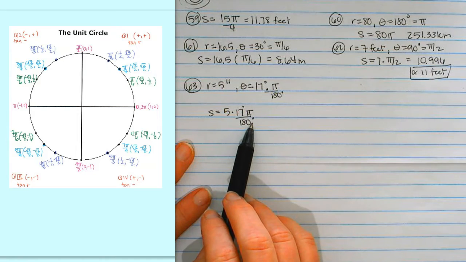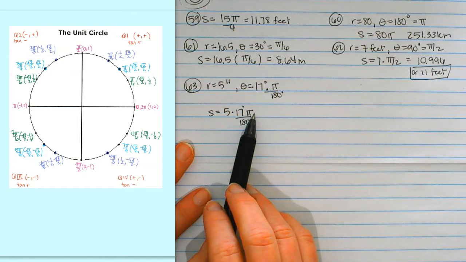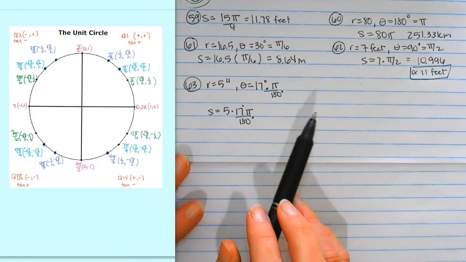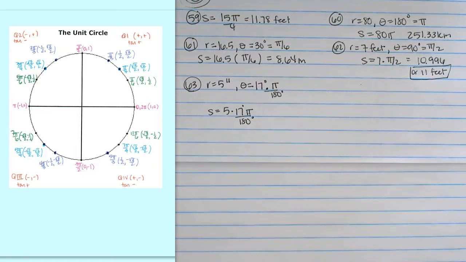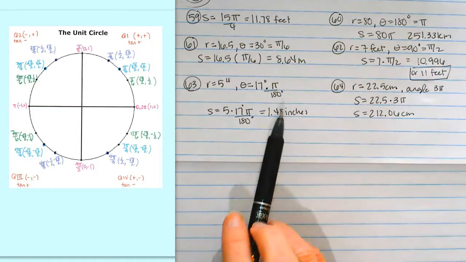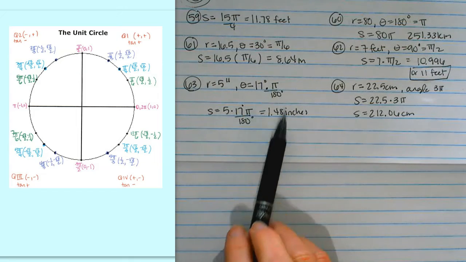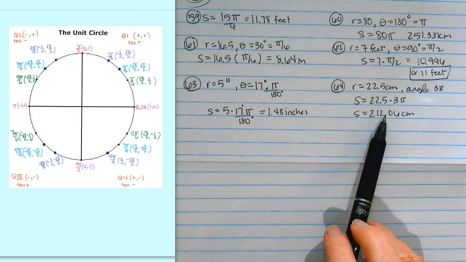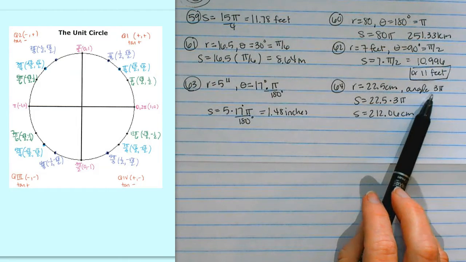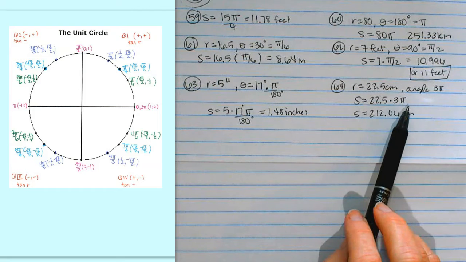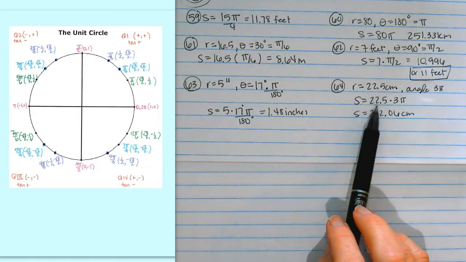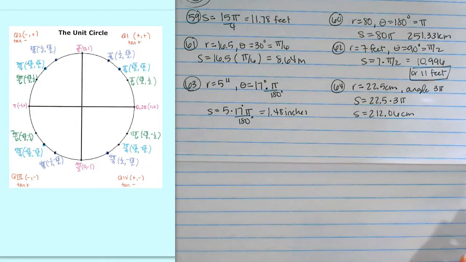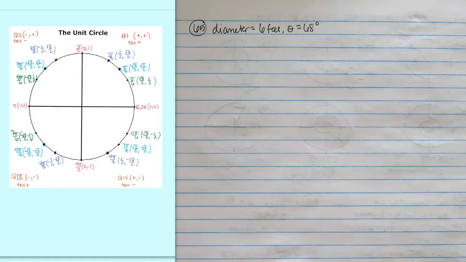Then I can just put this in the calculator, 5 times 17 pi over 180, and that will give me the distance on the arc. So 63 changes to radians: 1.48 inches. 64 is already in radians, and so we just multiply the radius times the angle to get 12.06 centimeters.